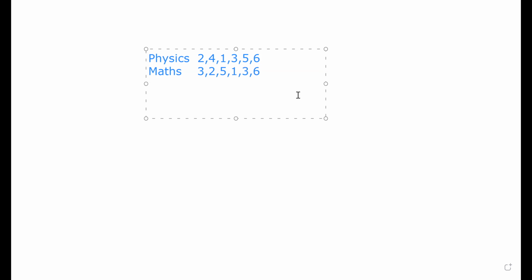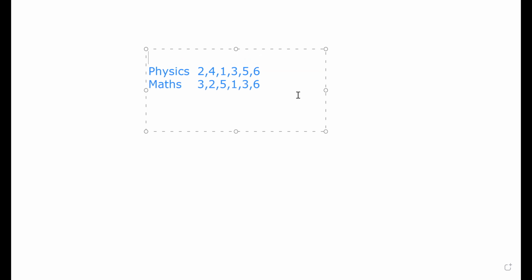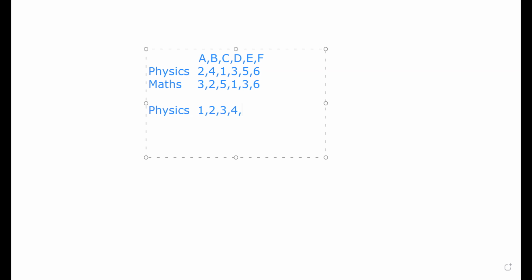Can we calculate Kendall's tau? The first thing is arranging the candidates, right? This is student A, B, C, D, E, and F. Can we arrange students based on the rank of physics? Let me first put the numbers: 1, 2, 3, 4, 5, 6.